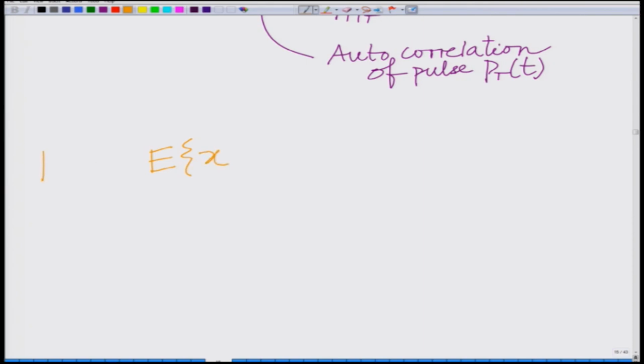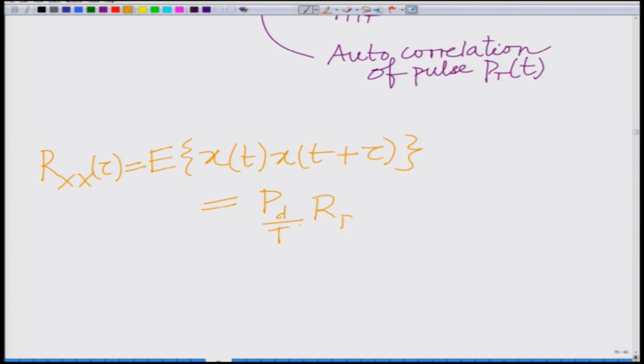And therefore, we finally have a very elegant result: r x x tau equals expected value of x t into x t plus tau, which is equal to p d over T times the autocorrelation function r p t of tau of the pulse, and this is a very interesting result.